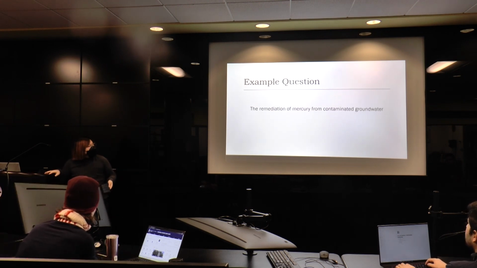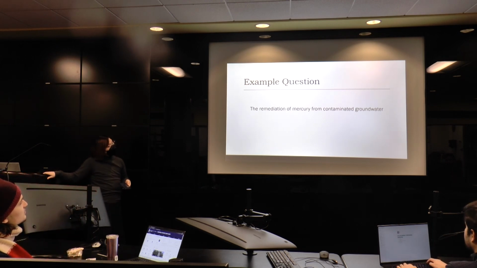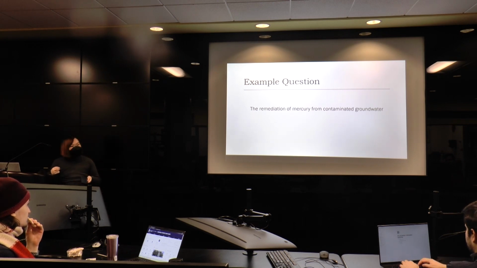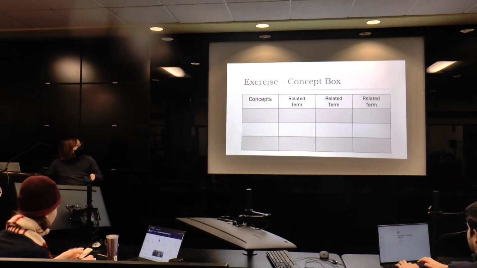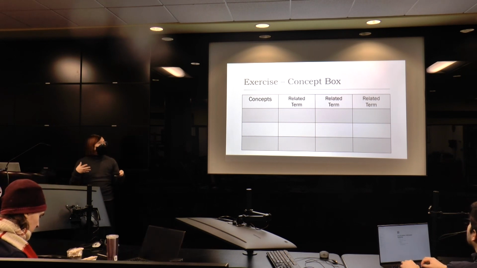So I have an example question. If we're looking at the remediation of mercury from contaminated groundwater, from this question we can extract some keywords: remediation, mercury, and groundwater. And then this is a little diagram that we like to use as a way to visualize the keyword creation.